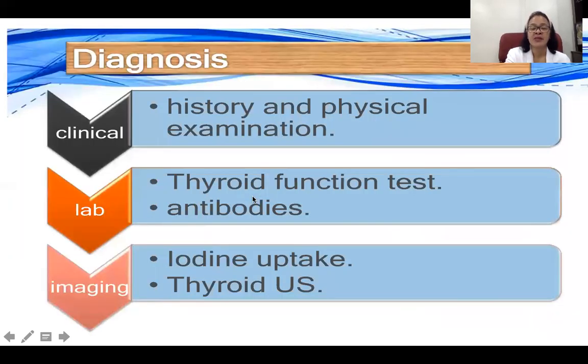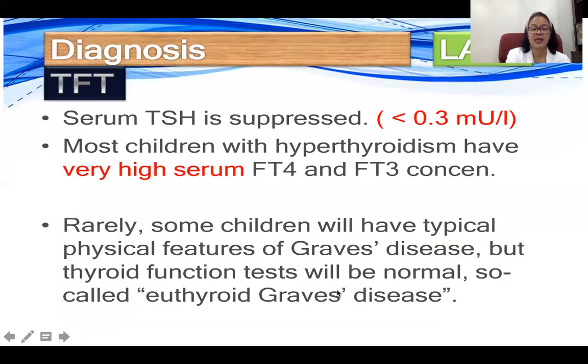So diagnosis, of course, there are 3 ways to diagnose: clinically, by doing your history and physical examination, doing your thyroid function test, very high thyroid hormones and decreased or even absent TSH, and also presence of antibodies. You can do also your iodine uptake and ultrasound of your thyroid.